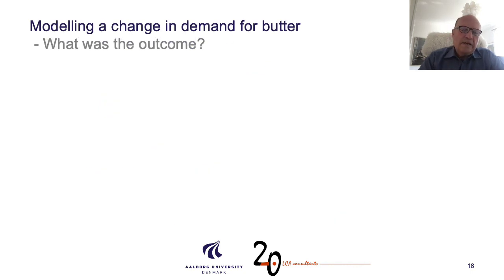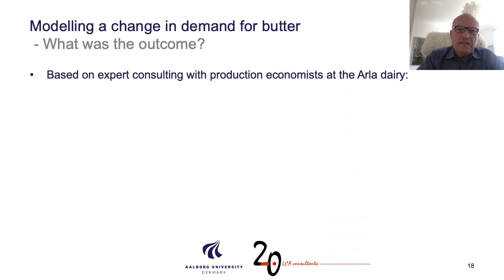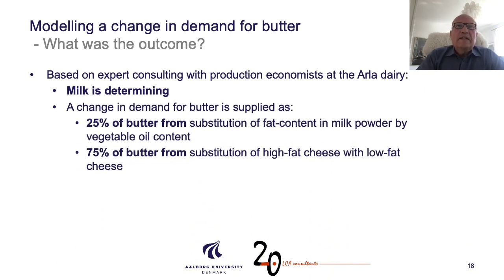So what was the outcome when asking the experts at the Arla dairy? They basically said that milk is the determining product. And what happens is that when more butter is demanded, the two types of substitution would coexist, so that 25% of the butter would come from substitution of the fat content in milk powder by vegetable oil, and 75% would result from the substitution of high-fat cheese with low-fat cheese.